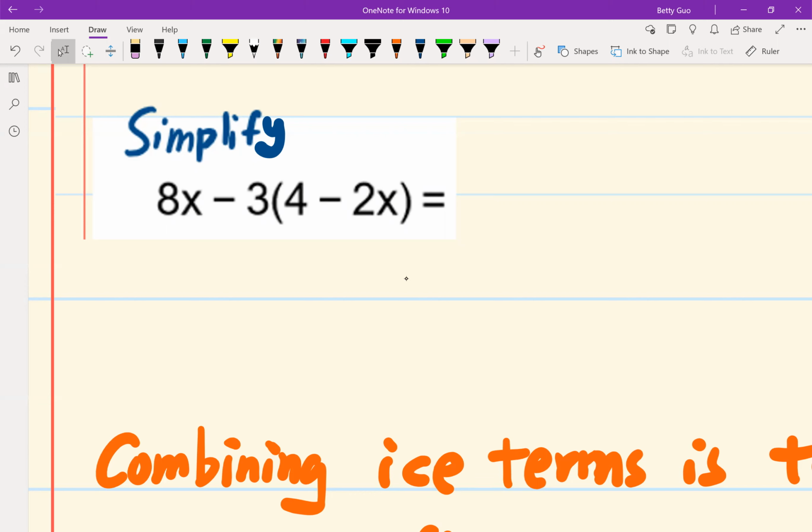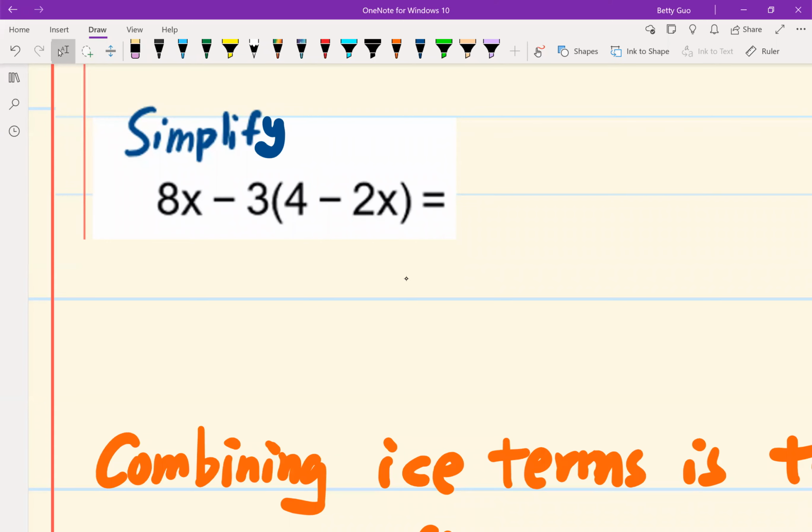All right. How about let's look at the problem together. When we try to simplify an expression and we have a parenthesis, we want to deal with the parenthesis first, right? We want to free everybody.